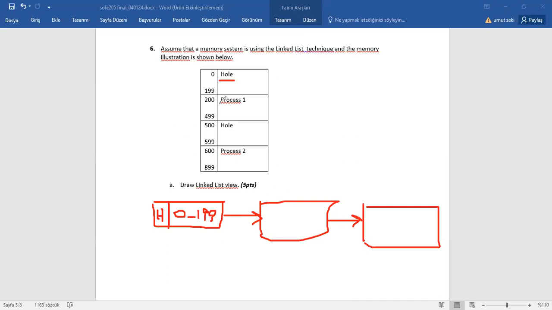Okay, then the next one is a process, 200 to 499.